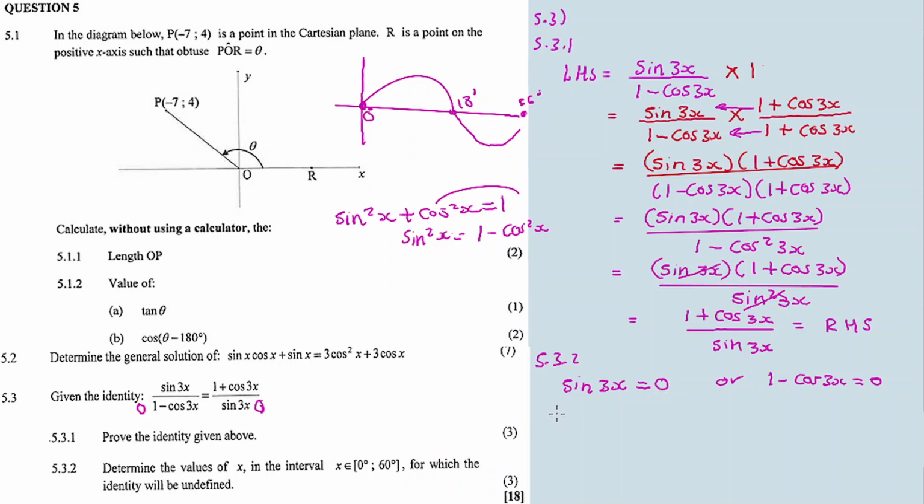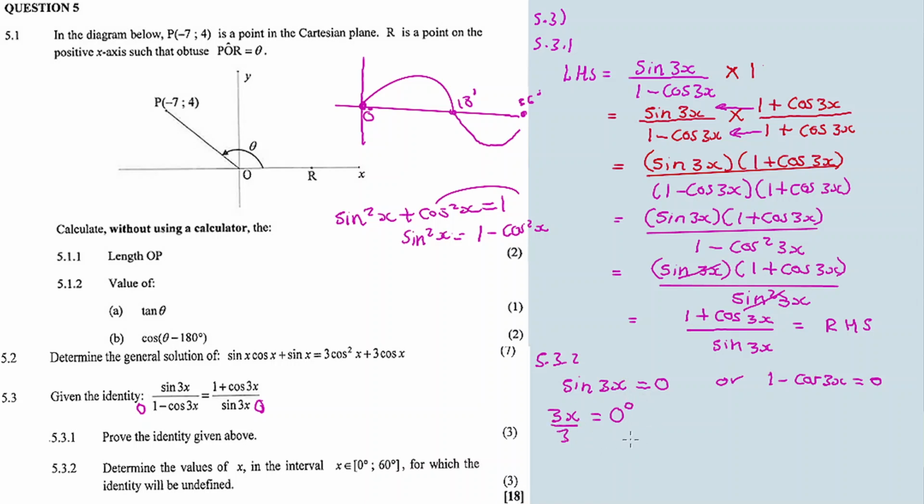So how about the city? Instead of finding a reference angle, here we are solving for a general solution in a way, but let us do so. 3x is equal to, whenever sine is 0 degrees.